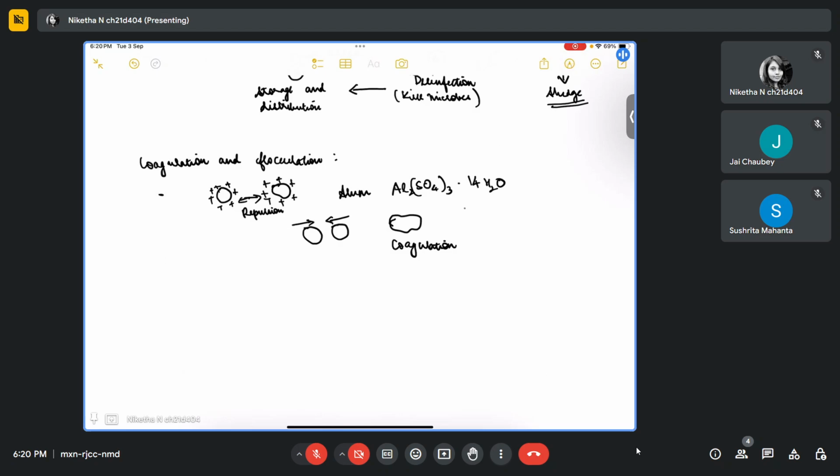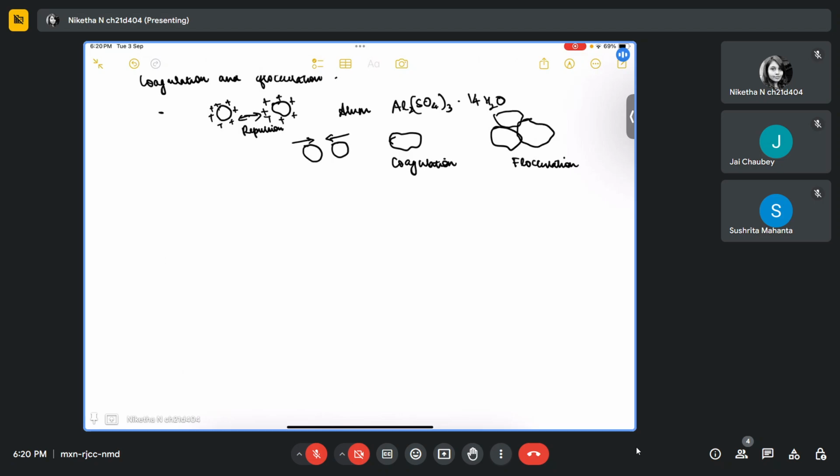And flocculation is when these big size particles bond together and increase in size and weight. This process is called flocculation. Generally, these colloids which are formed during coagulation are 1 to 100 micrometers in size.